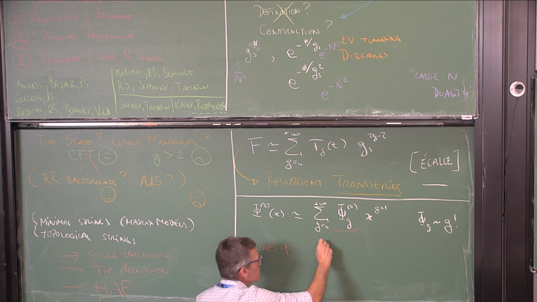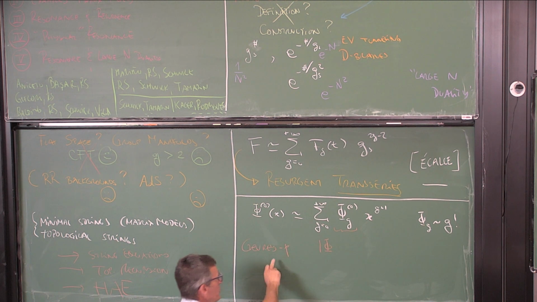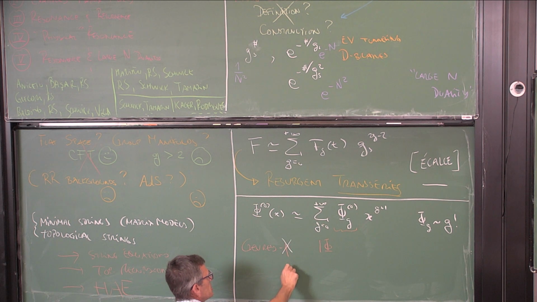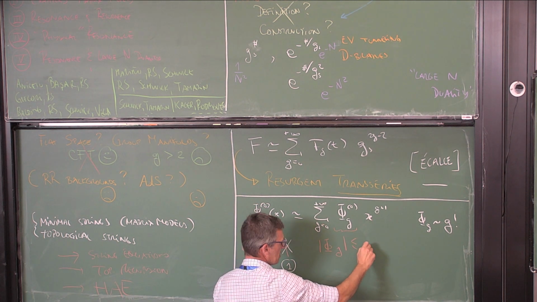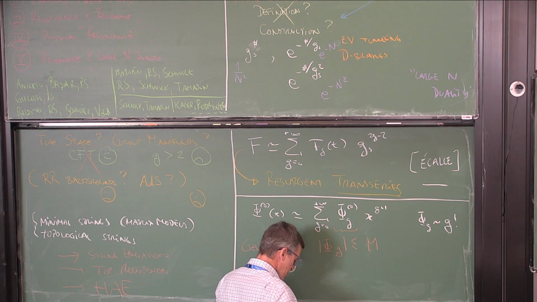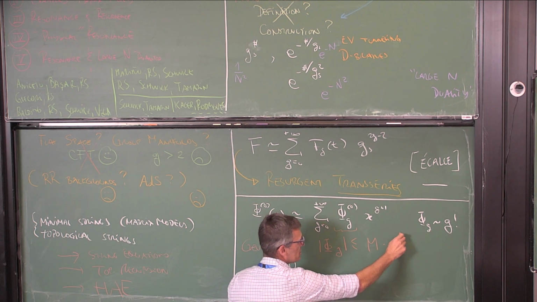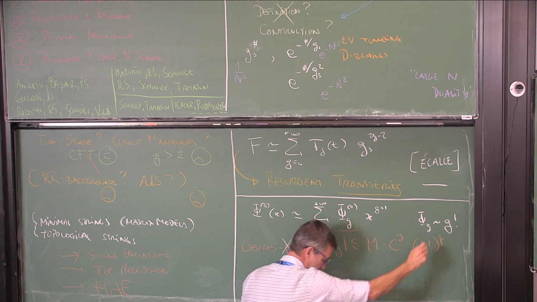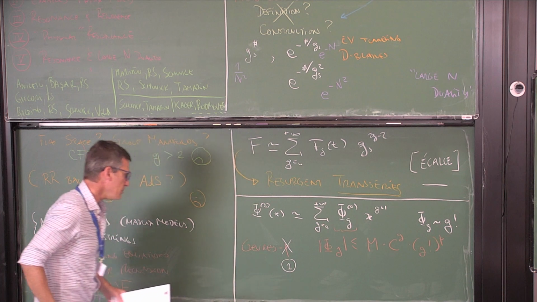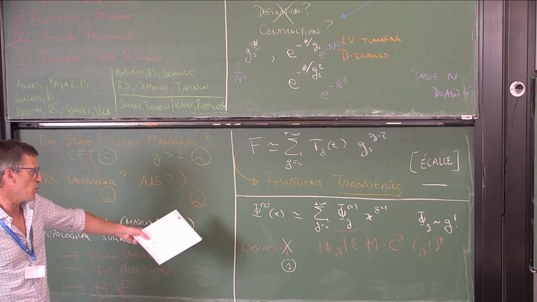And so usually for Gevrey P, which we'll only be considering, so let me just immediately say that we will only be considering Gevrey 1, but let me just write down the generic bound. These coefficients basically grow, with C some positive real, as g factorial to the power P. Okay? So we're going to be focusing on Gevrey 1.